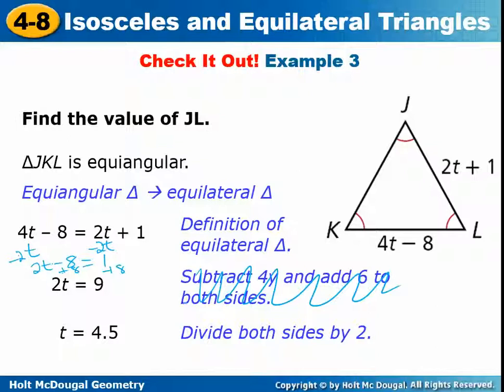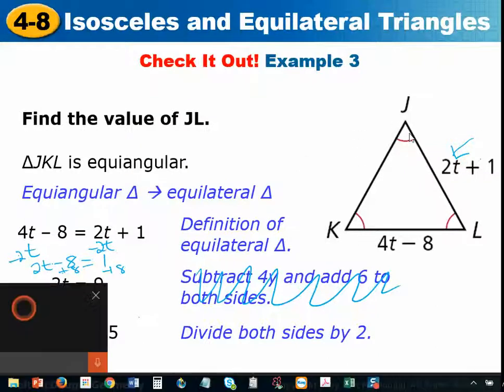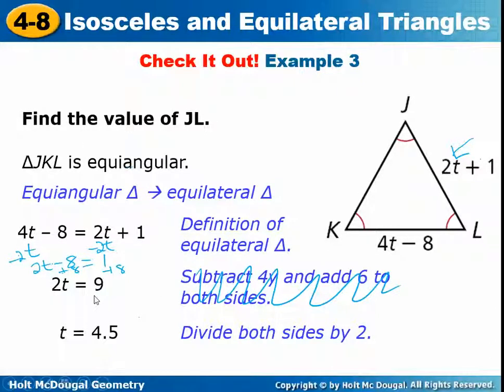It's fine to get a decimal for an answer too. Don't worry about that. Now that you know what t is, you're going to plug it back in to the expression for side JL. And when you do that, you get 2 times 4.5 is 9, plus 1 is 10.